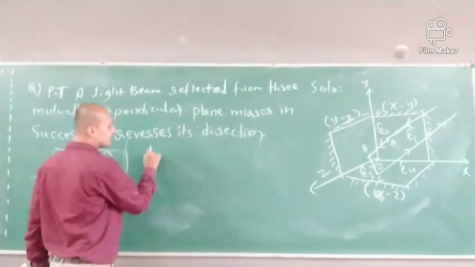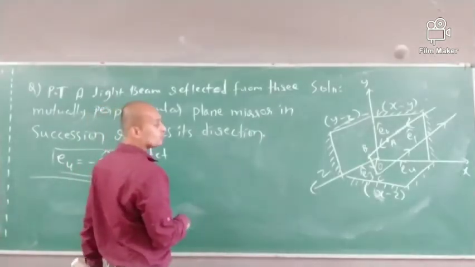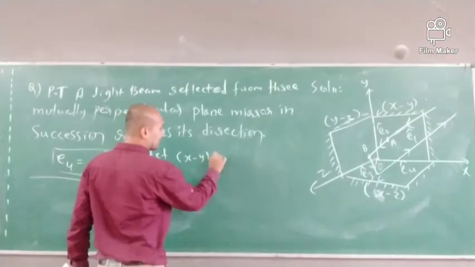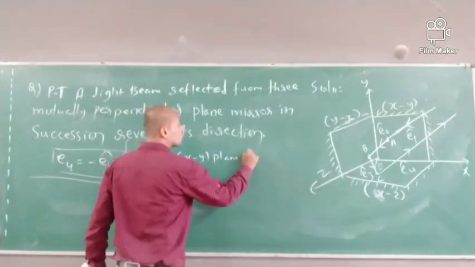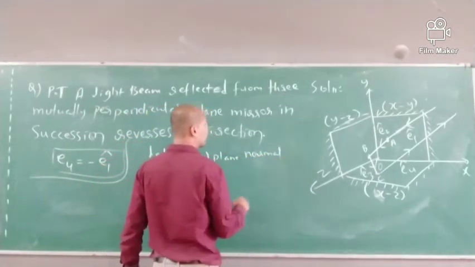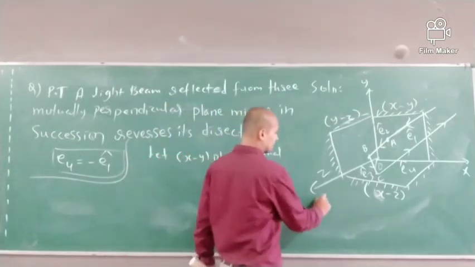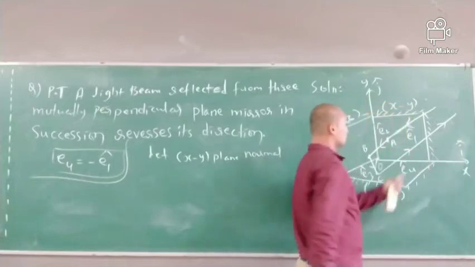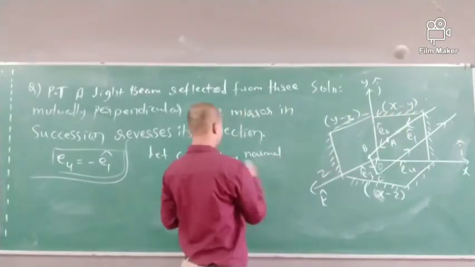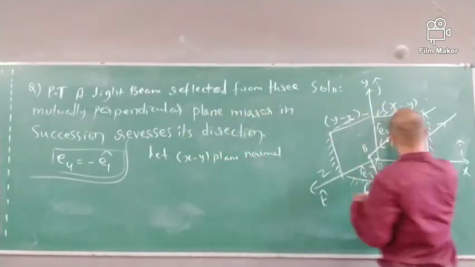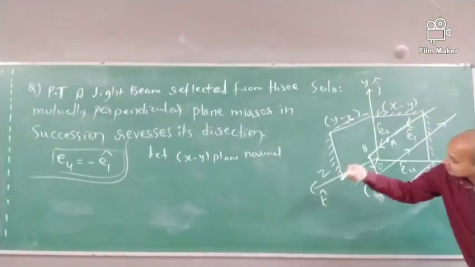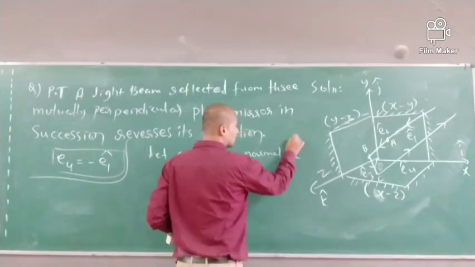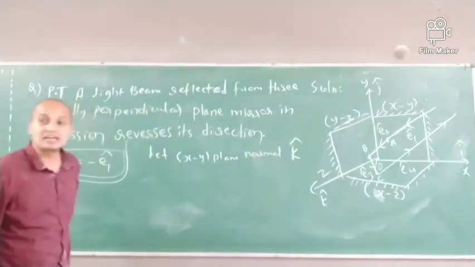So if I take the XY plane, what is the normal for the XY plane? If I take this as K cap, this as J cap, and this as I cap, see here, for the XY plane, what is the normal direction? It is along the Z axis. So for the XY plane, the normal unit vector will be K cap.